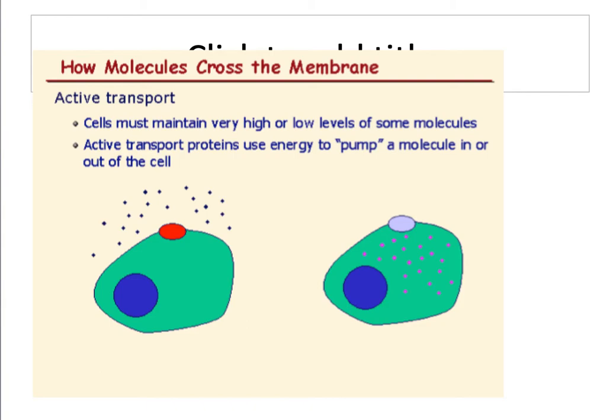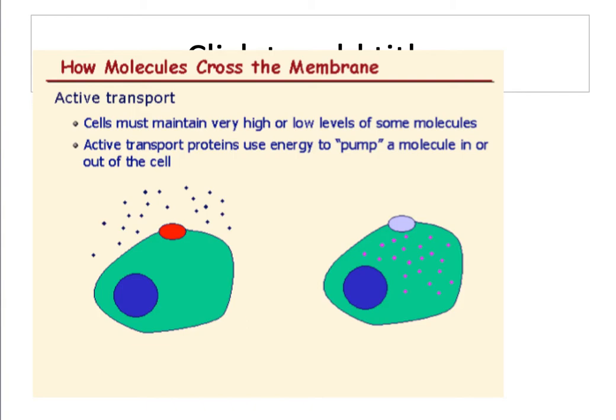In the same way, there are protein channels on the cell membrane that allow certain molecules to pass from inside to outside of the cell, and from outside to inside, depending on the need of the cell for those molecules.